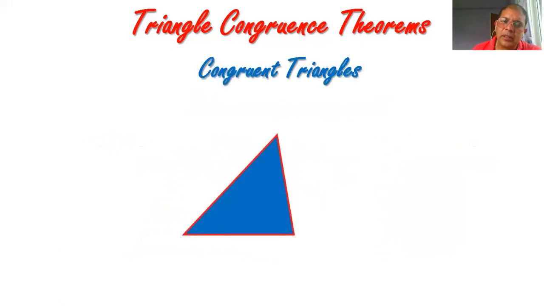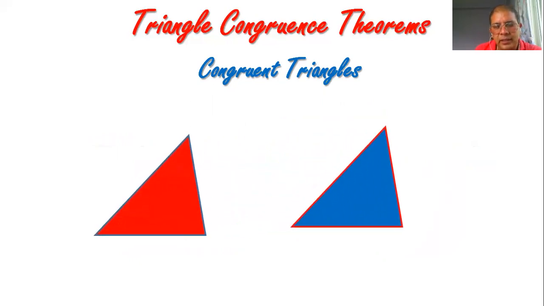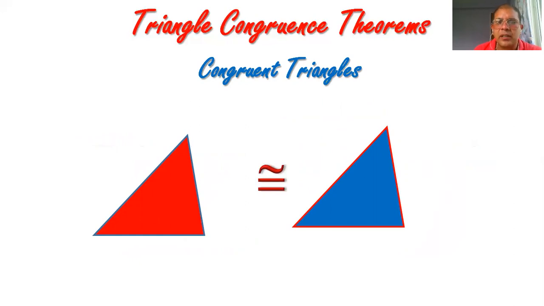Okay, congruent triangles. Suppose you have a triangle. You can understand these two triangles are of equal shape and size. Then these two triangles are congruent.